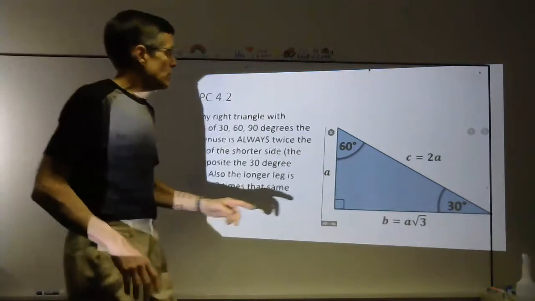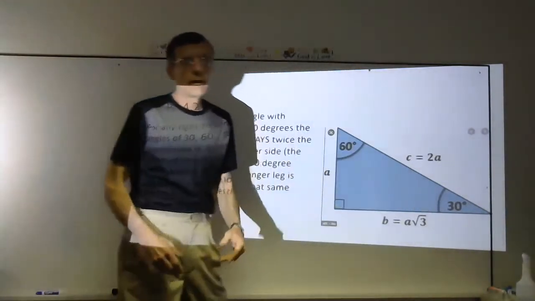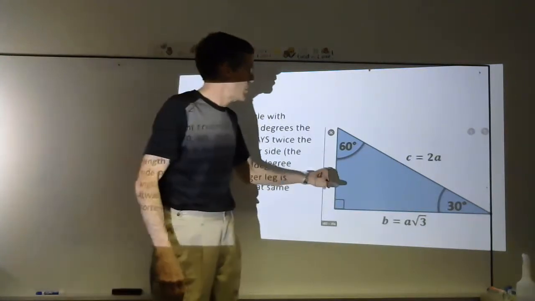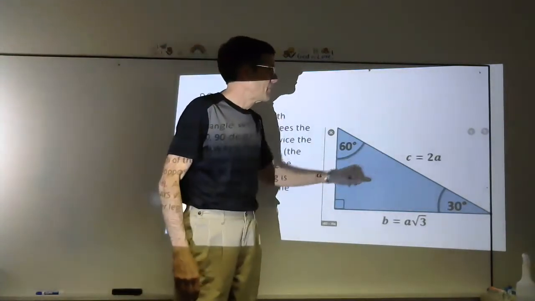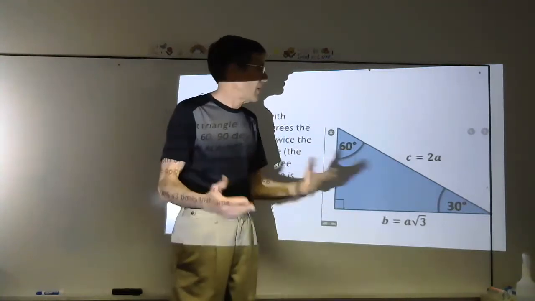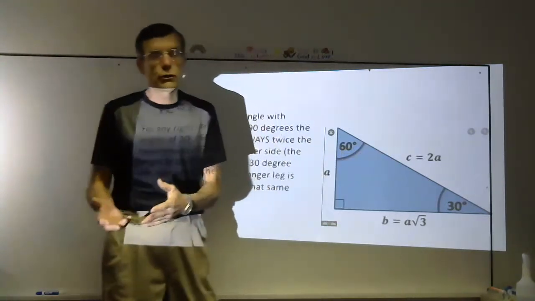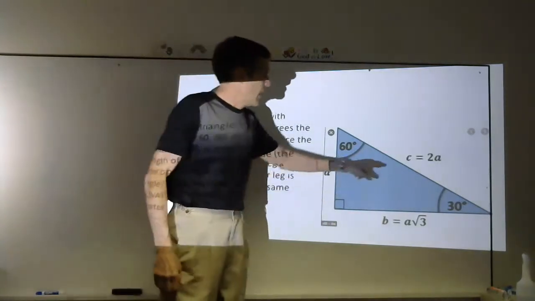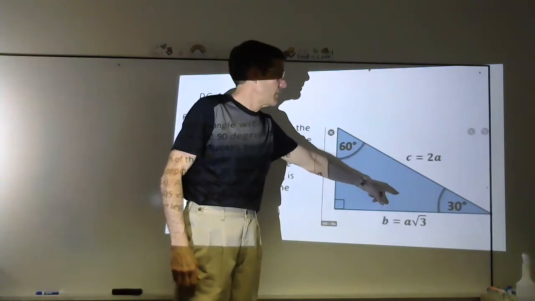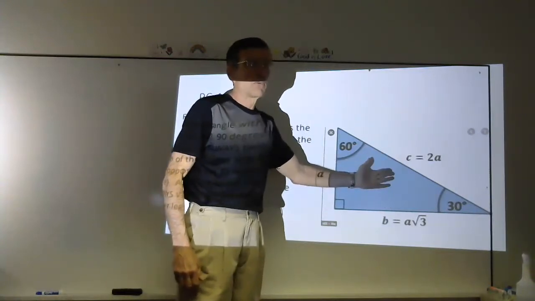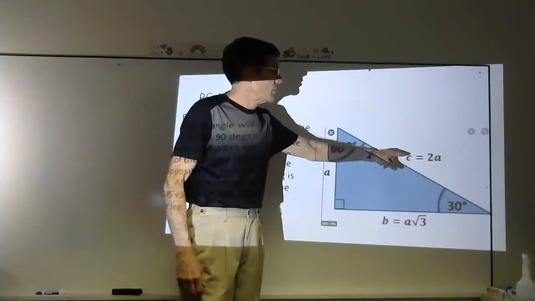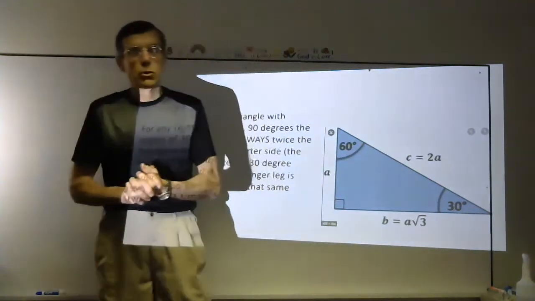No matter what your angle is here, whether it's bigger than 30 or less than 30, the relationship between the opposite side and the hypotenuse will not always be twice. The hypotenuse is only twice when it's a 30 degree, okay? As the angle gets smaller, the relationship gets smaller than twice. As the angle gets bigger, the relationship gets bigger than twice.